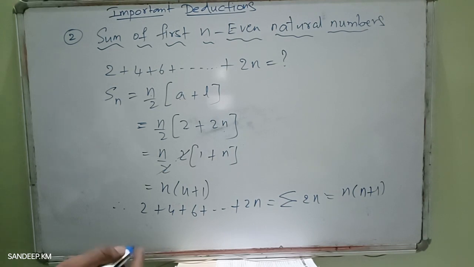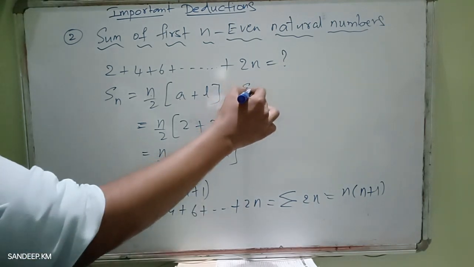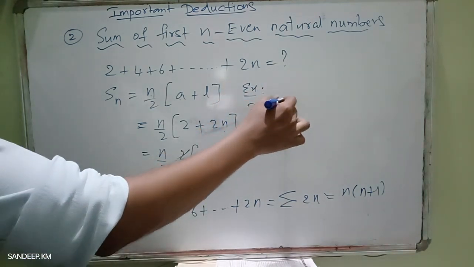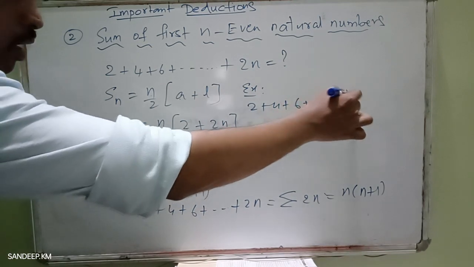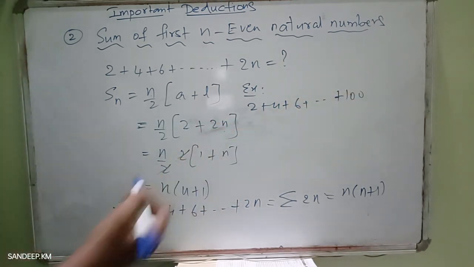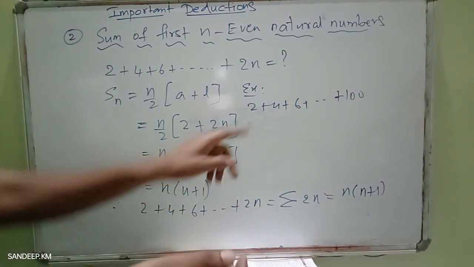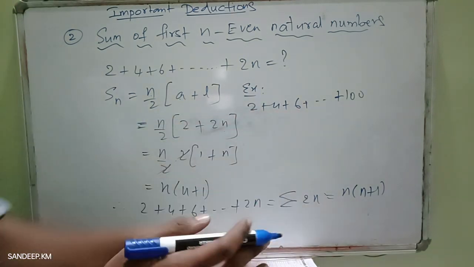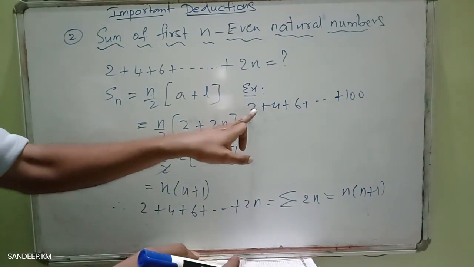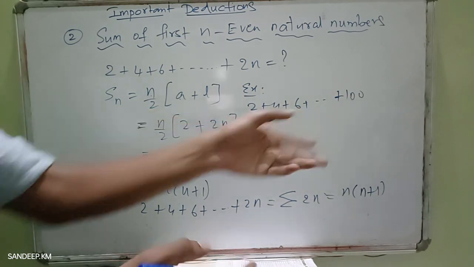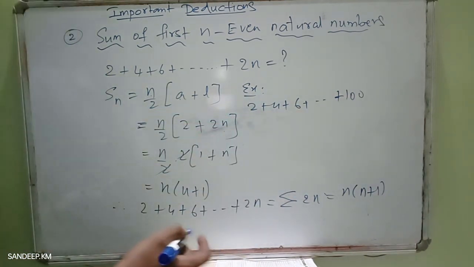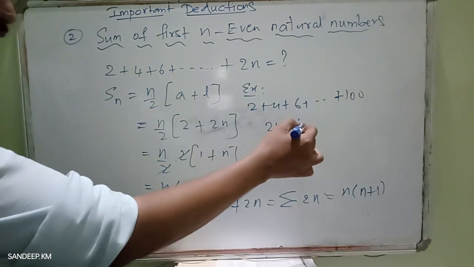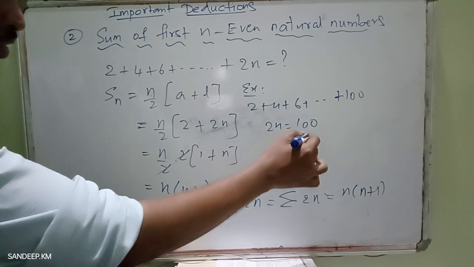A basic example based on this. What is 2 plus 4 plus 6 and so on up to 100? My first question is, how many even numbers are added here? By taking the last term, we can find the number of even numbers. The last term is 2n, which is equal to 100. Therefore, n is equal to 50.